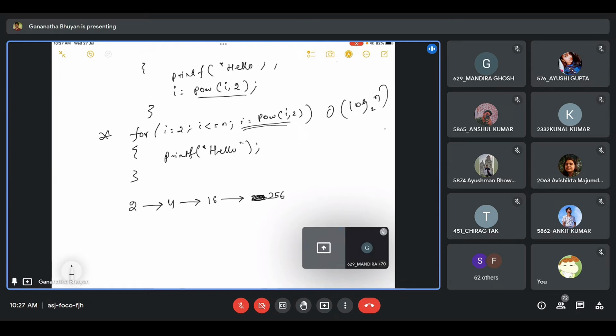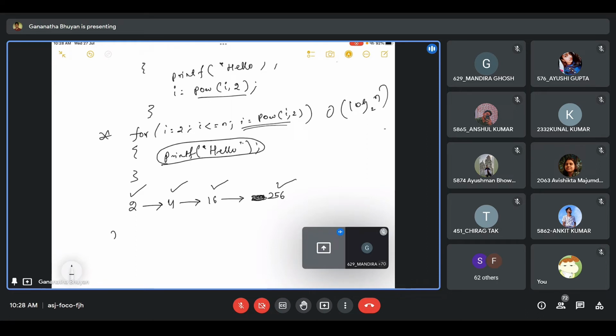Okay, so this particular statement, when it will be executed, when i equal to 2, when i equal to 4, when i equal to 16, and when i equal to 256.